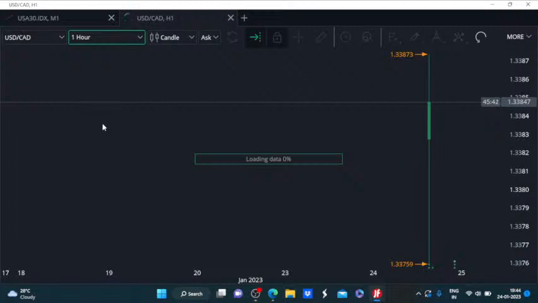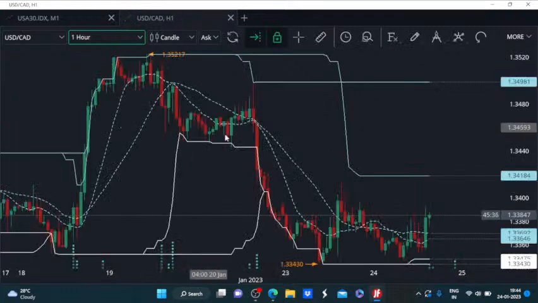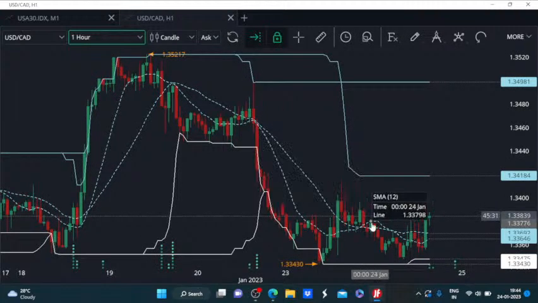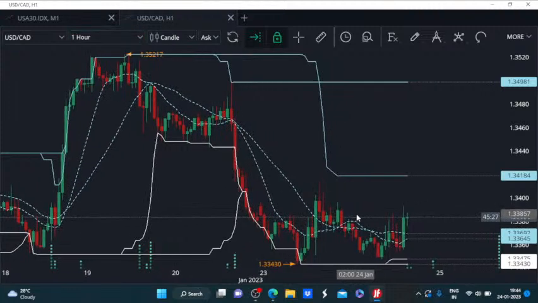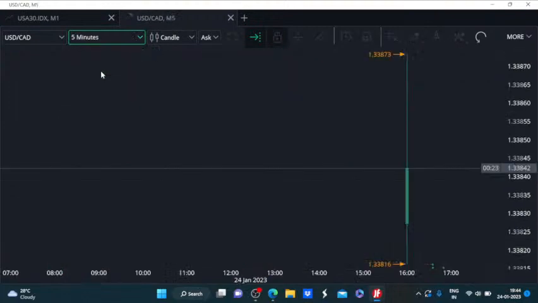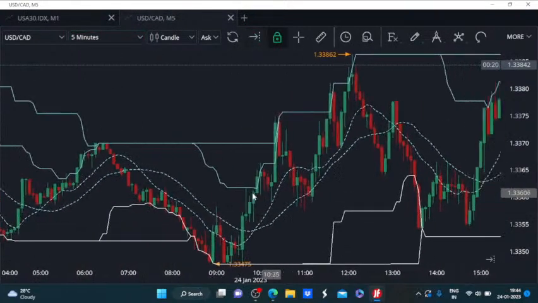Let me see the hourly chart so that we can make a better assessment of its medium term perspective. Yeah, it is approaching this high of the Asian trading session. So CAD is also one of the bearish currencies against the dollar.